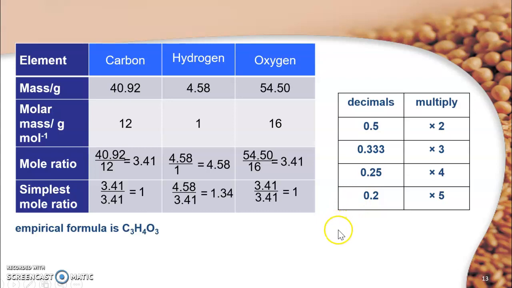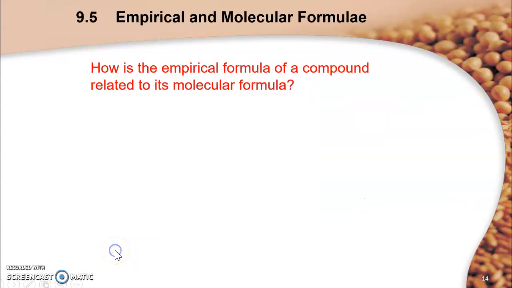Now I'll move on because in the question, they did ask you to calculate the molecular formula of vitamin C. So using the empirical formula, how should I go about calculating the molecular formula? First question is, how is the empirical formula of a compound related to its molecular formula?